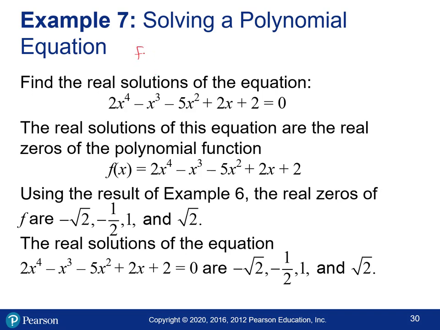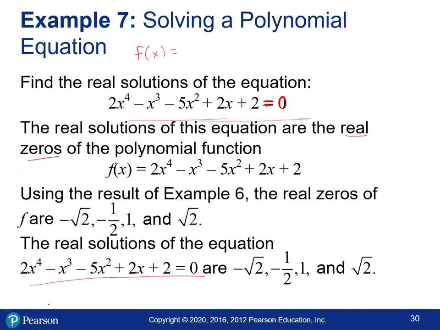Previously we were given a function and we were told to find the real zeros and factor it, and now we're taking a function that equals 0. So this is the new part, that the function starts off with an equal sign equal to 0. This is exactly the same thing as finding the real zeros when you're asked to solve an equation that equals 0. So we already did all that work, and so the solutions to this equation this time are the 4 real zeros that we found.